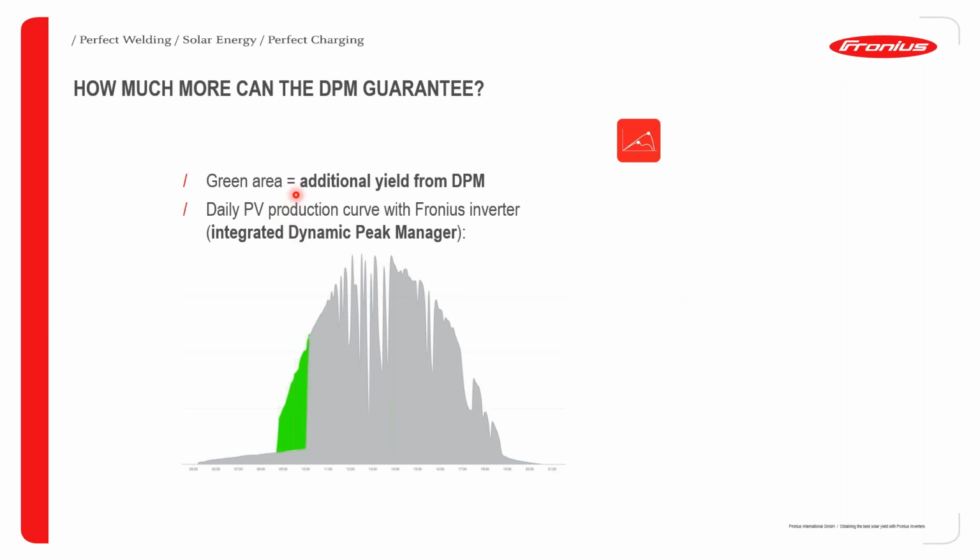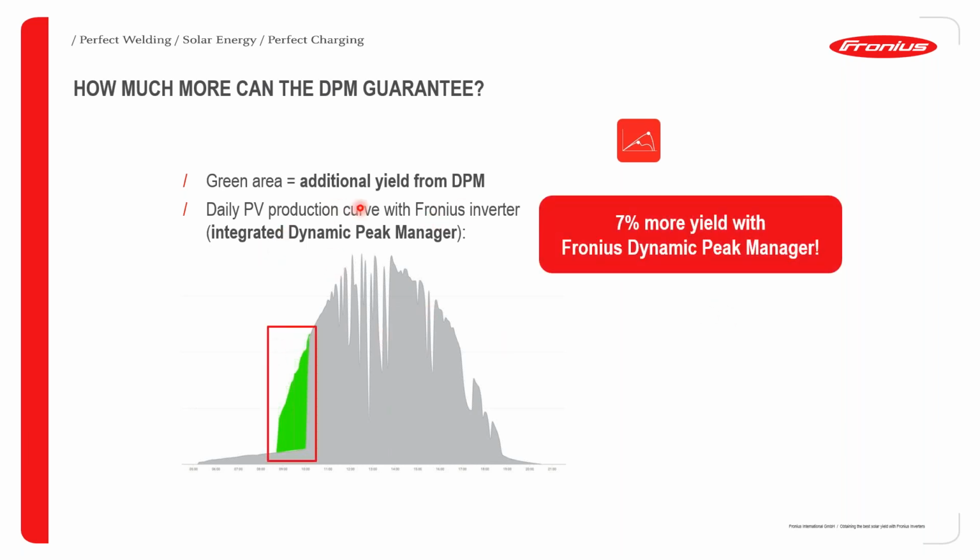So as we can see, the green area, in contrast to the curve before that I had shown you, is what the dynamic peak manager is contributing to the array production when it comes to the inverter output. And therefore, as we can see, because of the dynamic peak manager, you have about 7% more yield of your PV system.